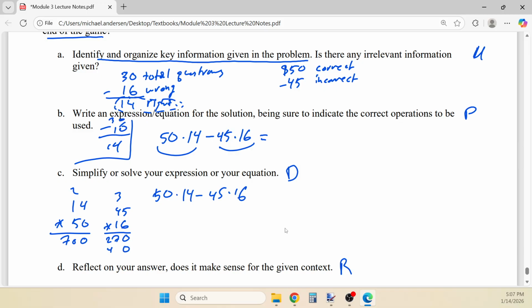Anything times 1 is itself. We have the 0 placeholders there. 0, 7 plus 5 is 12. 1 plus 2 plus 4 is 7. So we get $700 that they earned. This is the 700. And this is the minus 720 that was lost. And that means that they lose $20.